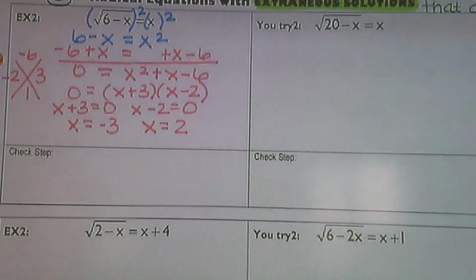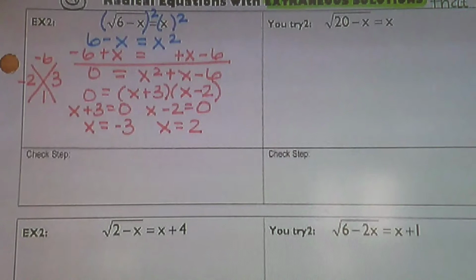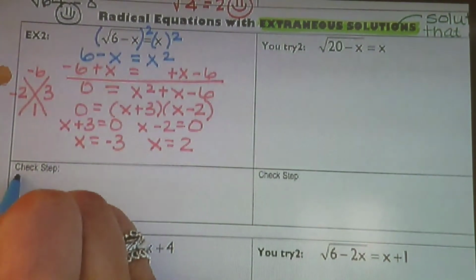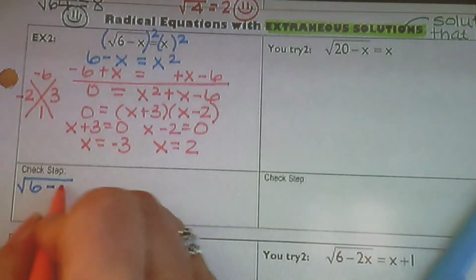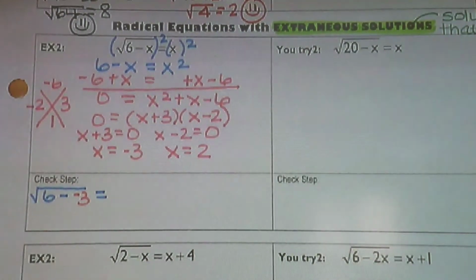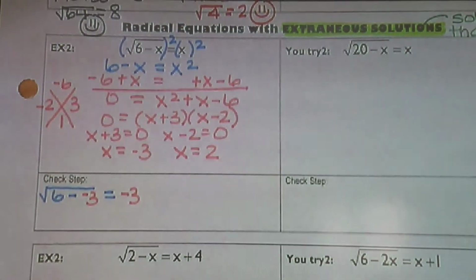Okay. So now we need to plug in and check our solution. When I go to the original equation, I have the square root of 6 minus negative 3 equals negative 3. What is 6 minus negative 3? 9.